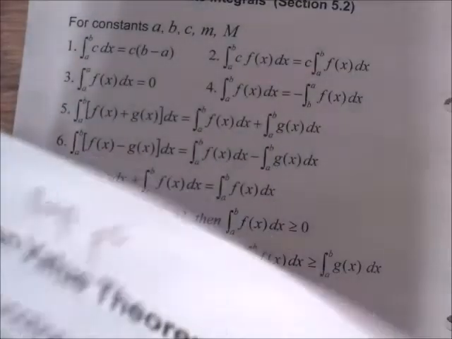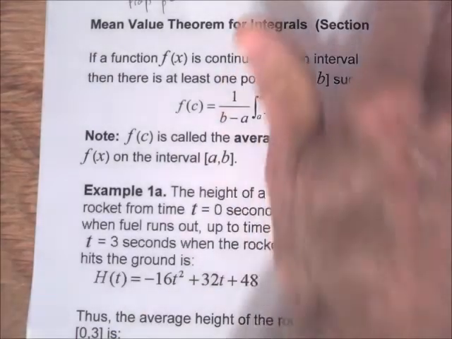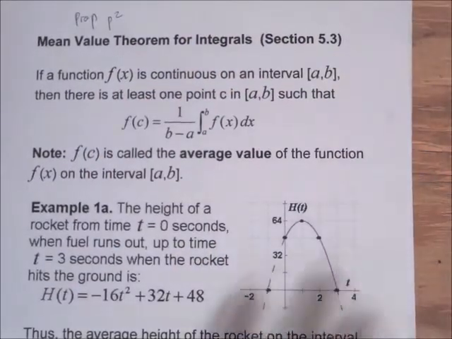There's also a mean value theorem for integrals. Before, when they talk about the mean value theorem, usually they're talking about the mean value theorem for derivatives, but there's also one for integrals, and it's related to the average value of a function on an interval.